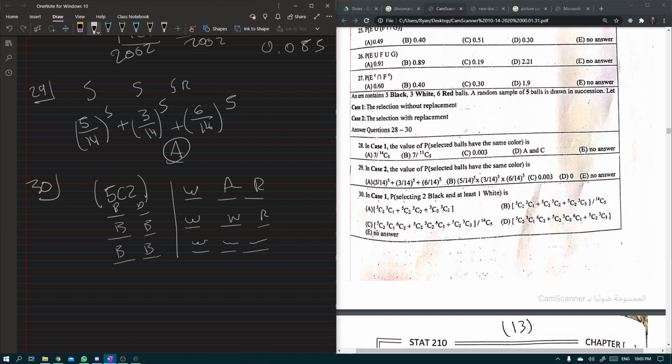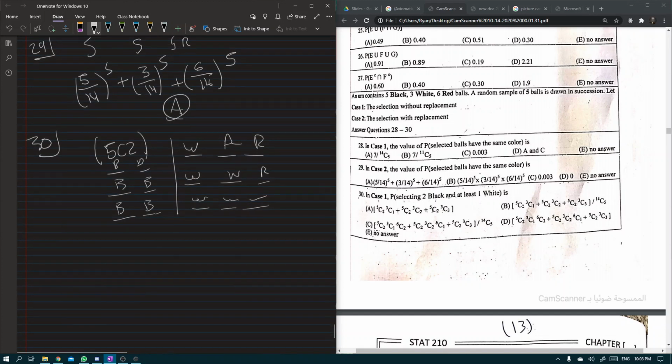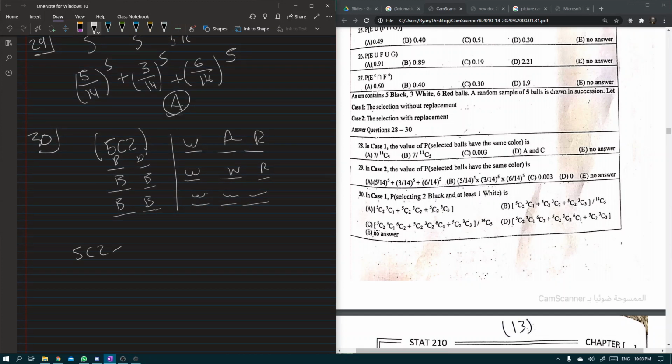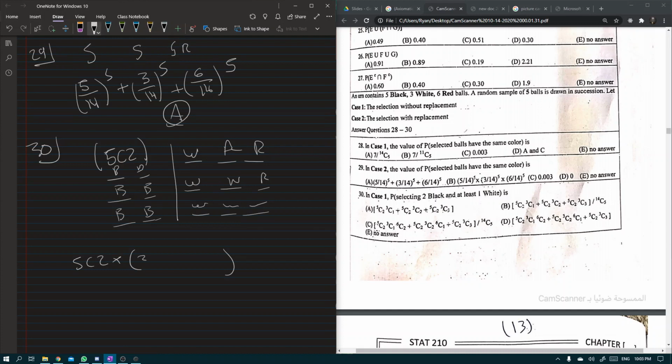Okay, 5C2, I get it now. 5C2 times 3C1 times 6C2, plus 3C2 times 6C1, plus 3C3. Yeah, just 3C3, and that's it. Then it's going to be C.